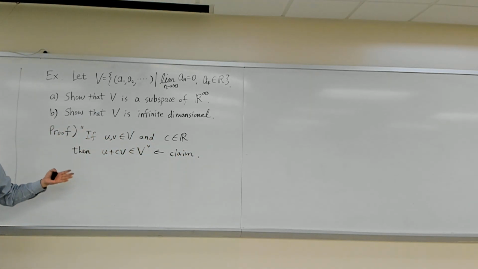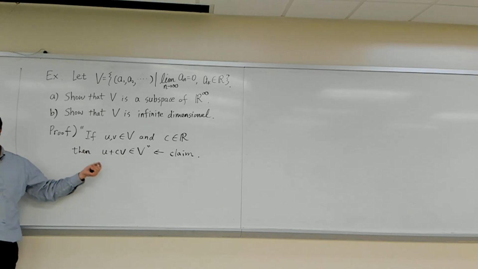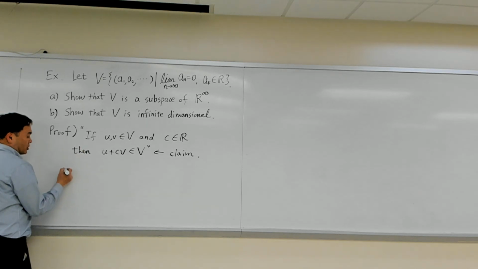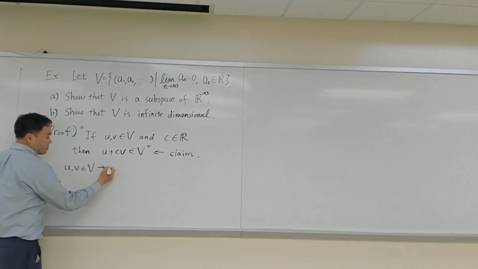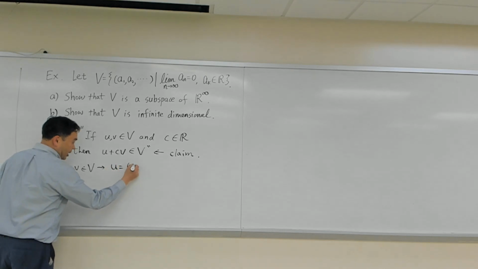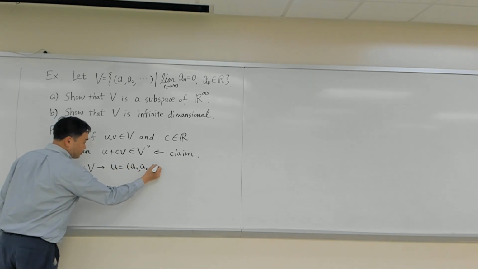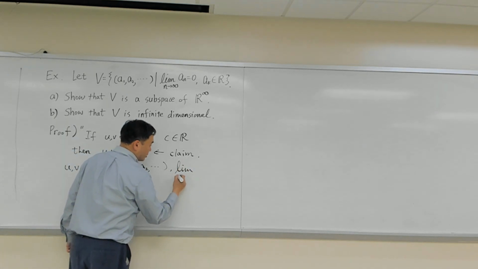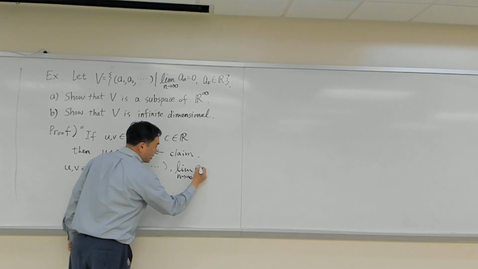If we prove this, this is equivalent to showing that 0 is in V and is closed under addition and closed under scalar multiplication. So first let's see, U, V in V. What does that mean? That means U is like A1, A2, with limit as n goes to infinity, An goes to 0.